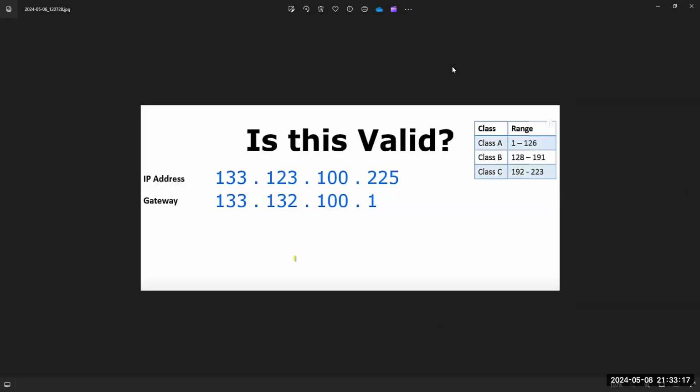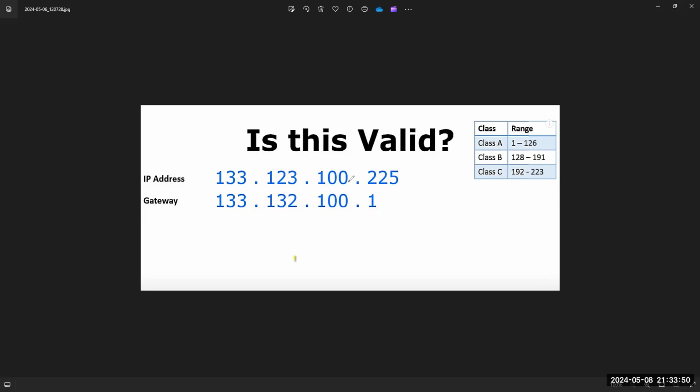Before moving to subnetting, there are a few questions that I thought to take up. Can you tell me, is this valid? No. And why so? Because the second octet is different.